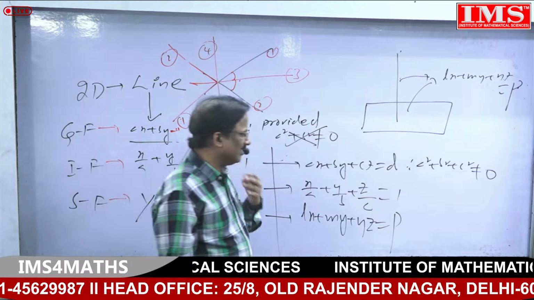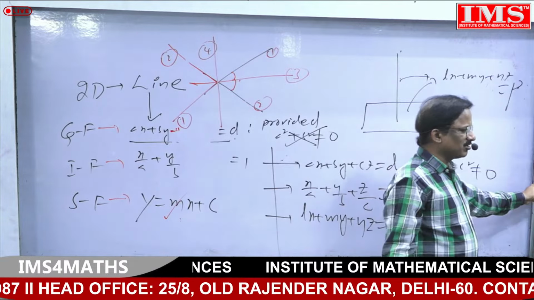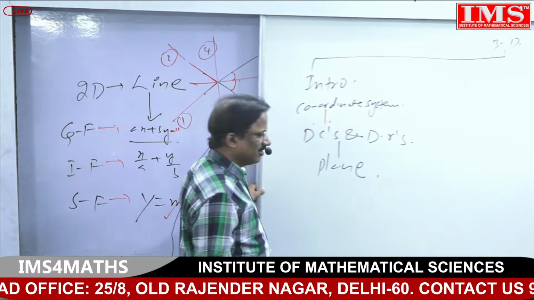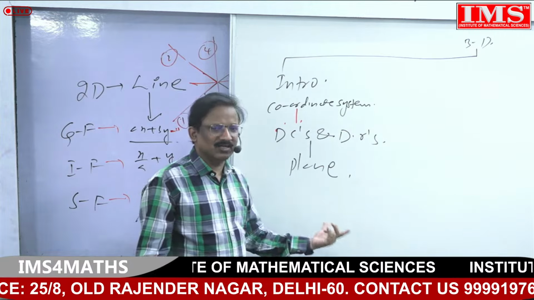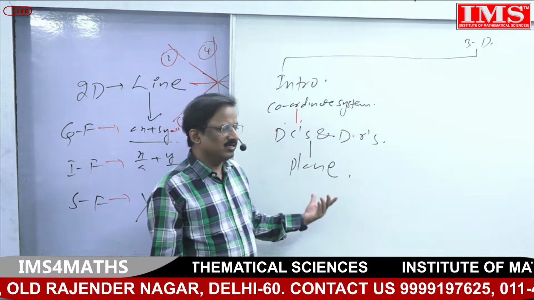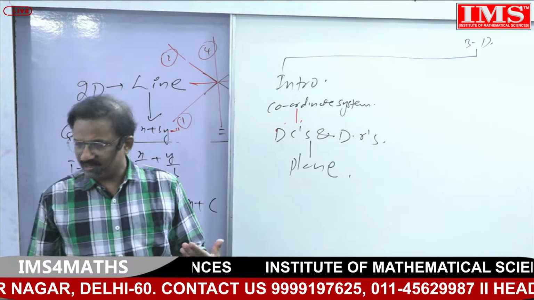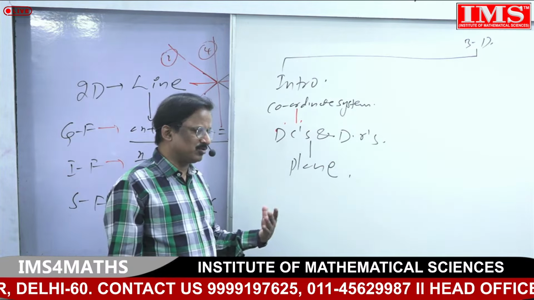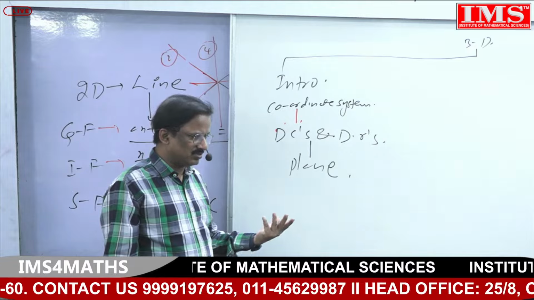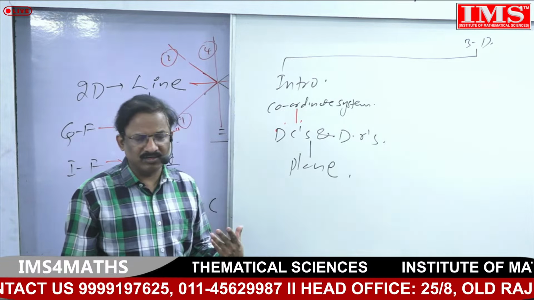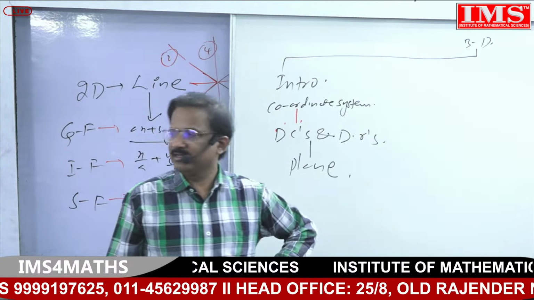So, in the plane, what is the general equation of the plane? What is the intercept form of the plane? What is the normal form of the plane? The general plane passes through how many points? Three points. That's what we call the three-point form of the plane, and so on.